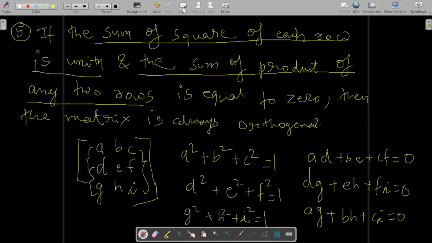So let us solve an example based on this, which might be asked in your exam.